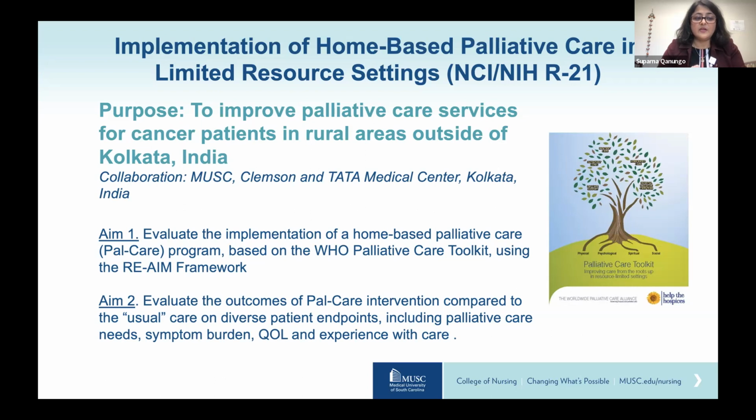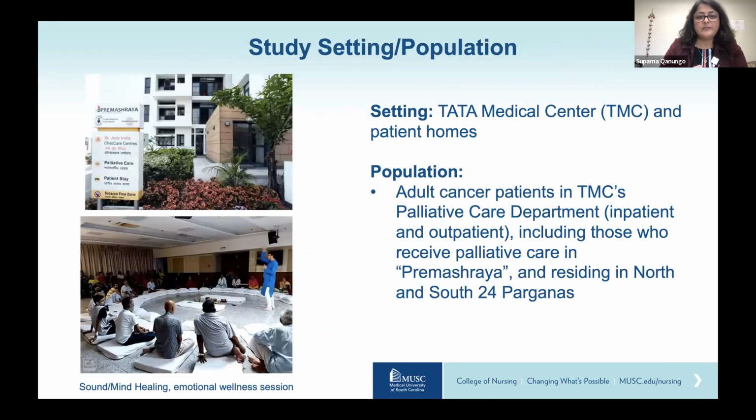So the first aim of this project was to evaluate the implementation of the palliative care program, and it was based on the World Health Organization's palliative care toolkit. And our second aim was to evaluate the outcomes of the palliative care intervention compared to the usual care.